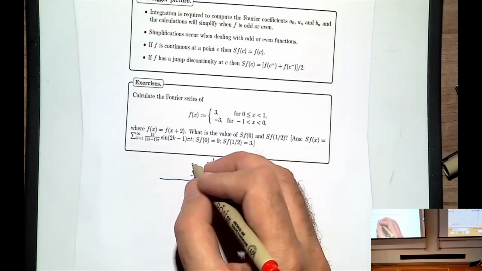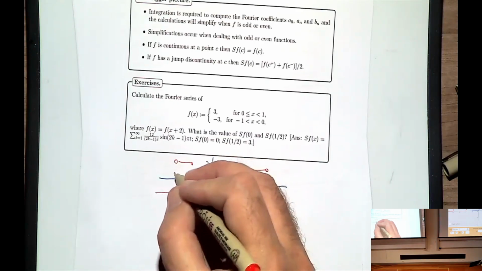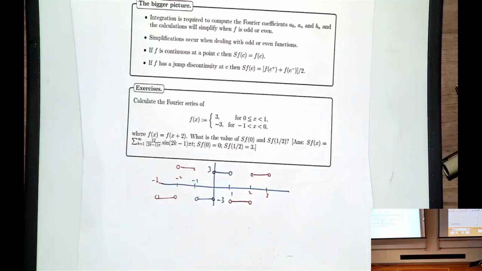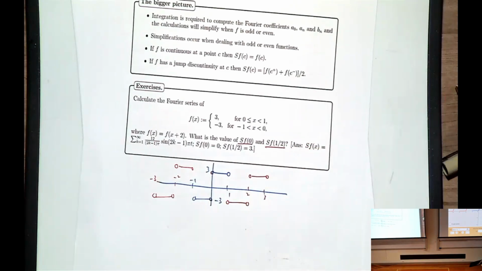Copy, paste. Okay, so let's see if we can actually work out these values. I've got them there, written there, but from the graph. That's the graph of the original function. Okay?